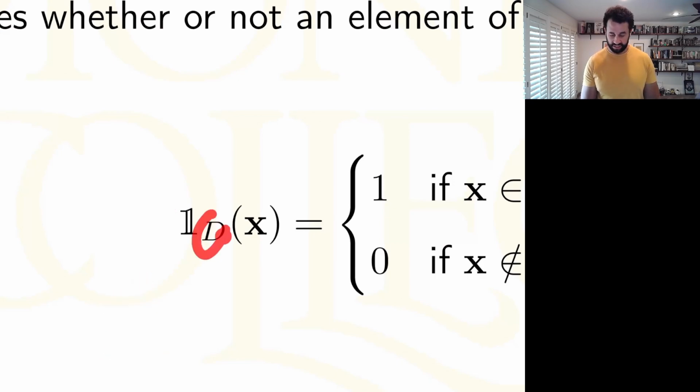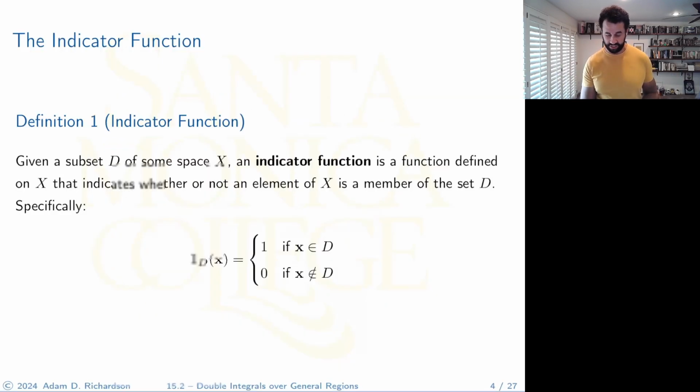The subscript is the region that we are indicating, so this is important to indicate the actual region. X is a point, a number, a vector. The whole point here is this is just saying 1 if your point is in D, 0 if your point is not in D. All right, that's what an indicator function is.